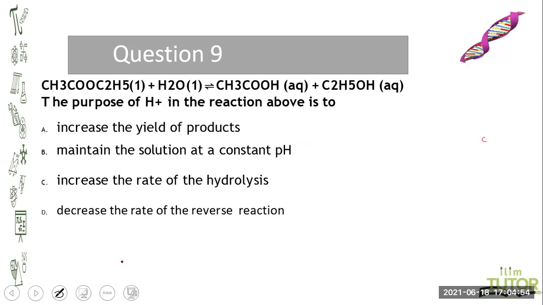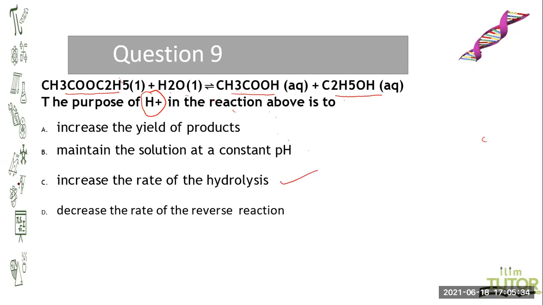Now, in this question, we are asked for the purpose of the H plus in the reaction. Sometimes hydrolysis can be acidified, and the purpose of this acidified hydrolysis is majorly to act as a catalyst. So when I hydrolyze ethyl ethanoate to produce its constituents, which are ethanoic acid and ethanol, since it's acting as a catalyst, what it's doing is to increase the rate of hydrolysis.